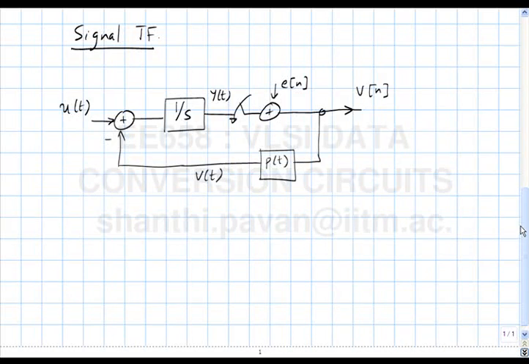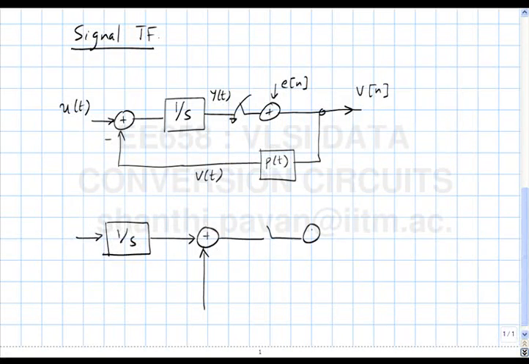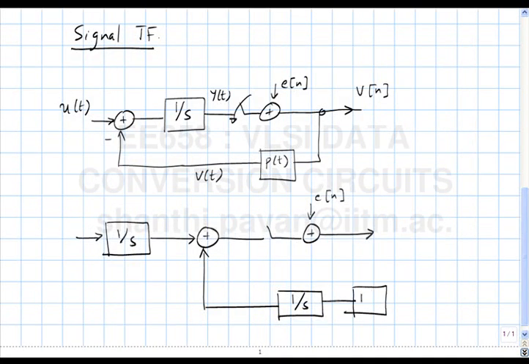You can push it out of the loop in this fashion. What happens here? It's 1 over s p of t.